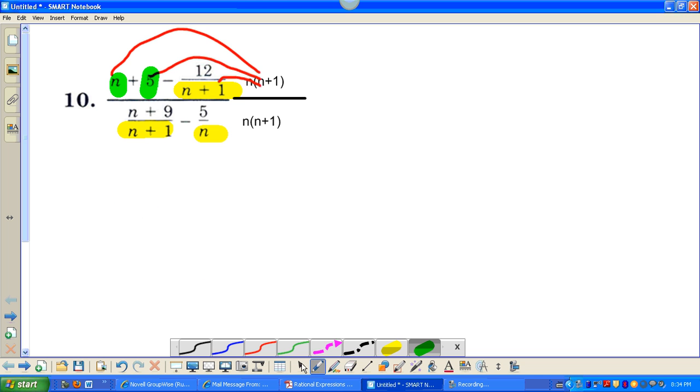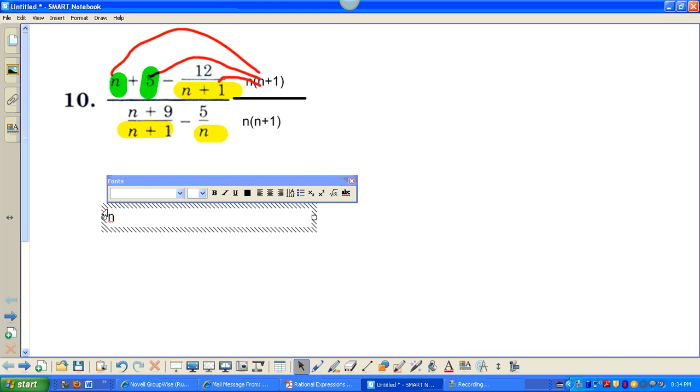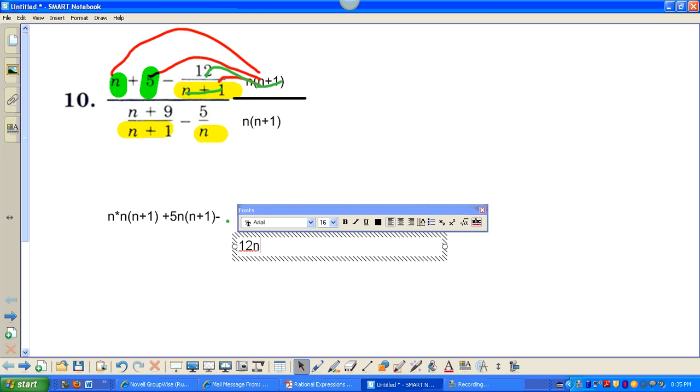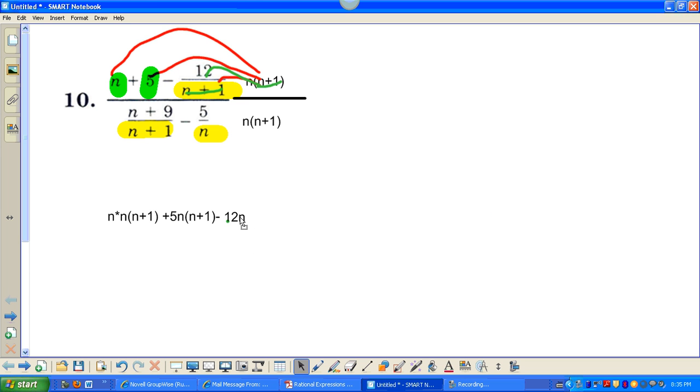Okay, so I'm left with n times n plus 1 plus 5 times n plus 1 minus, but then you have a common factor when you distribute it to here. You have a common factor of the n plus 1, so you should just be left with a minus 12n. So that becomes your entire big old numerator.